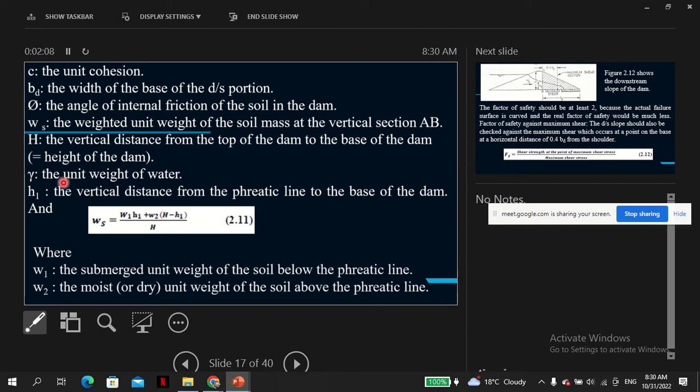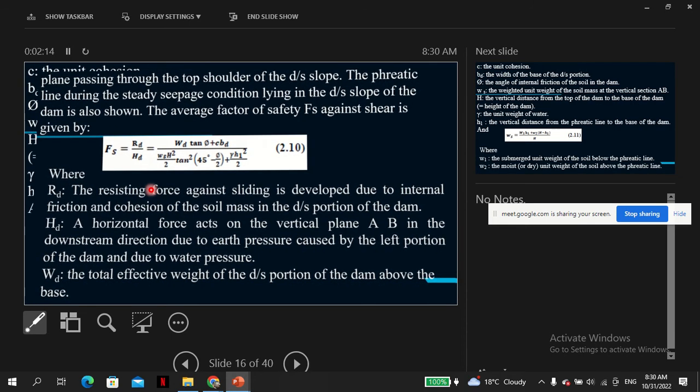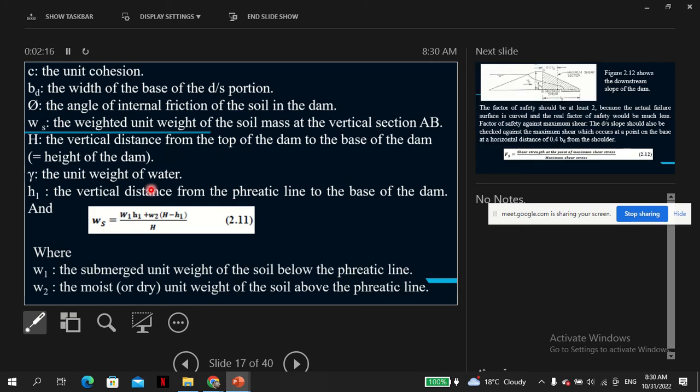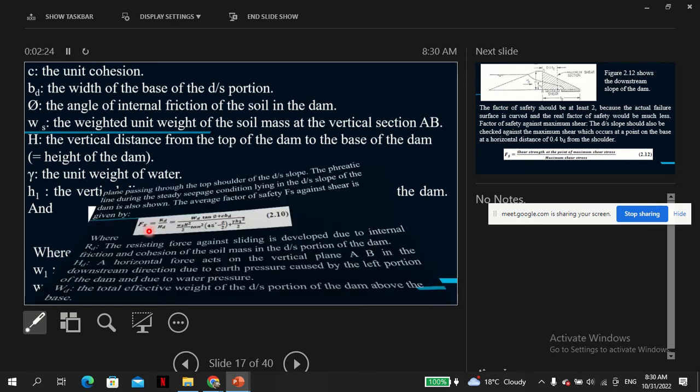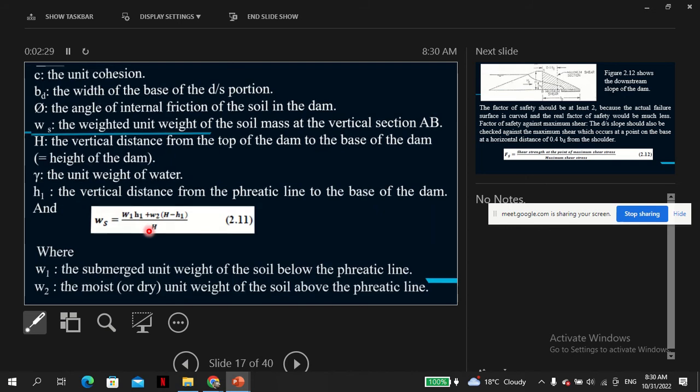So some of the notations used in this formula are described here. Now this is how to determine the safety of a certain portion of the downstream of the dam.